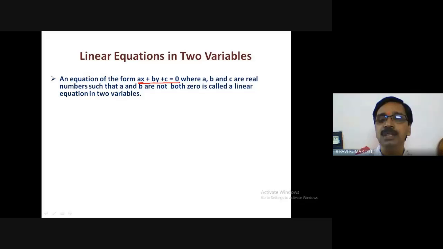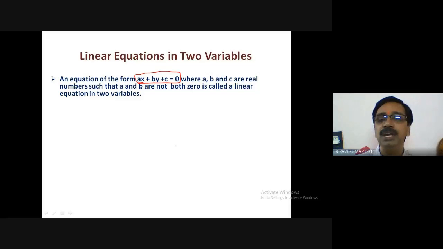This is the standard form of the equation. See, I am marking here. ax plus by plus c equal to 0 is the standard form, the general form of a linear equation in two variables. Variables are x and y, a, b, c are real numbers.